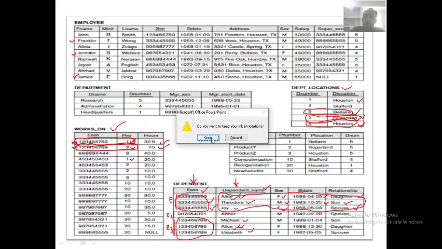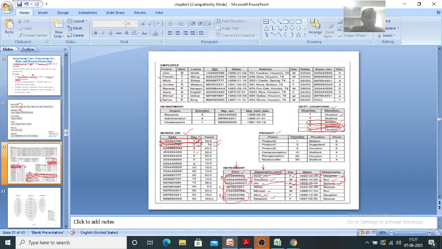See here now. This table is very, very important because we're going to execute all the queries. I'm going to clear all your doubts with respect to database management system by referring to these tables: how many employees are working in a particular department, which department is handling which project, and who are all the employees working in that department.